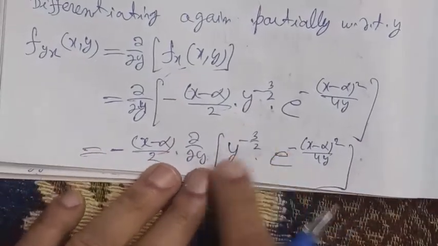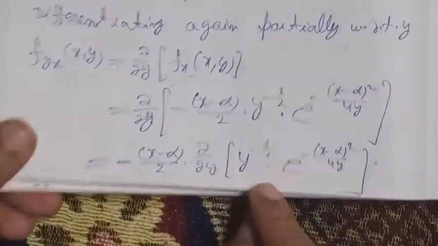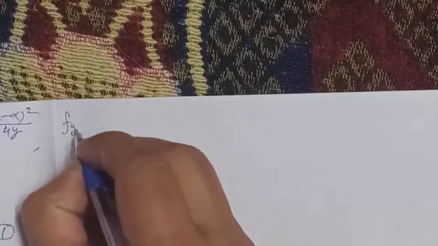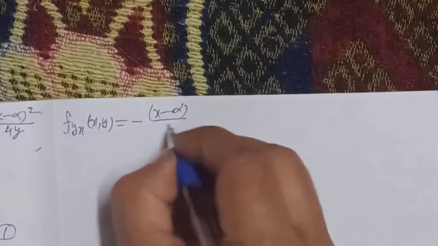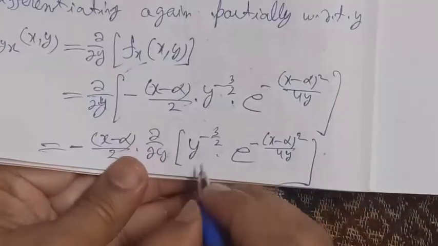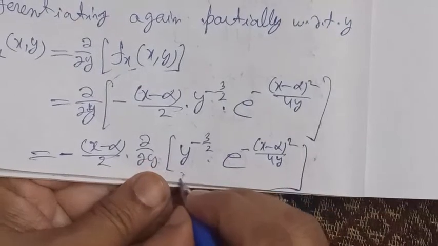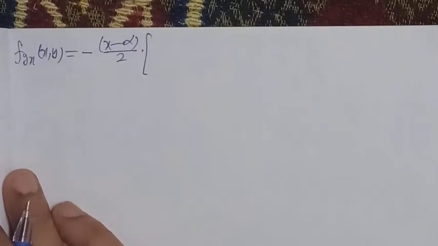So by applying the product law, we can write f_yx(x, y) equal to minus (x minus alpha) upon 2, and now apply the formula. We consider this as the first function and this as the second function, and differentiate according to the formula.